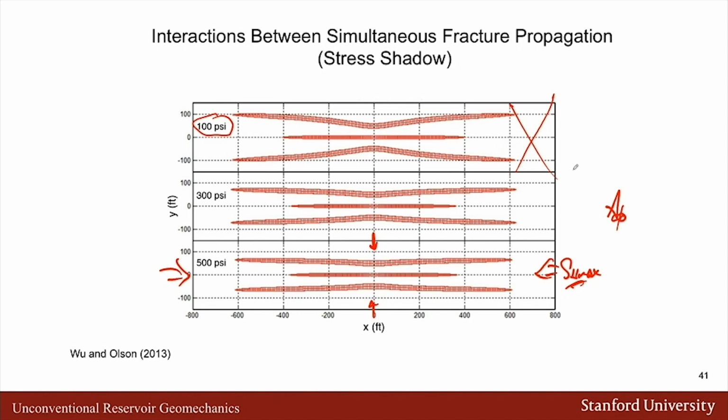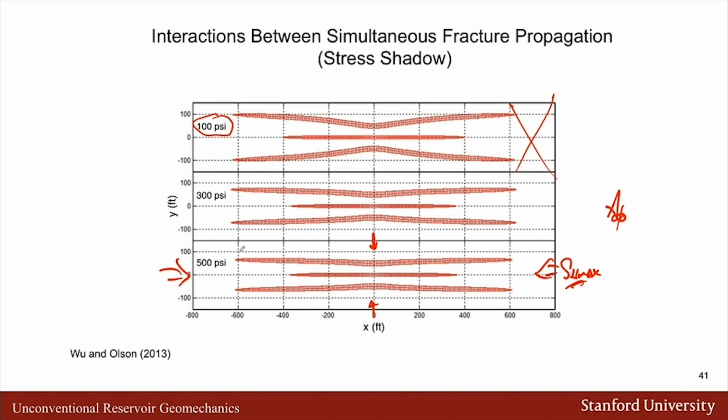Numbers like 500 psi are much more reasonable, or even larger, and you can see there's almost no deviation whatsoever. This goes from 50 feet to 60 feet in 600 feet, so it's essentially an absolutely planar hydraulic fracture. So the stress shadow is a real effect.